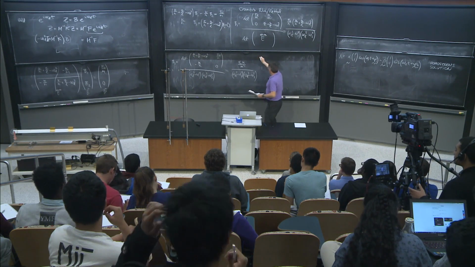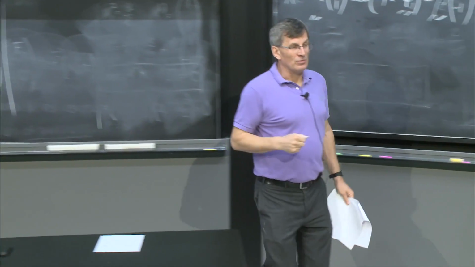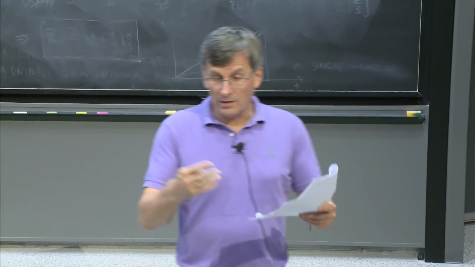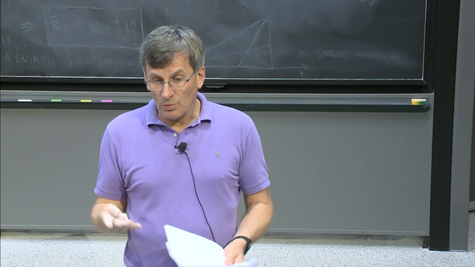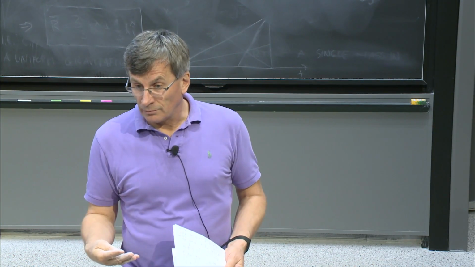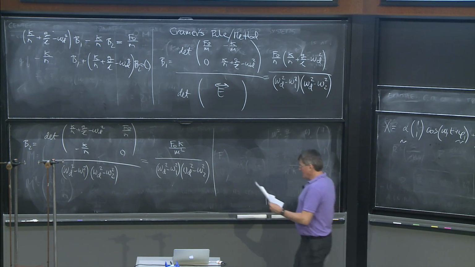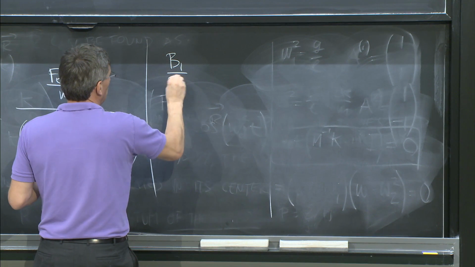Now, one of the interesting things to do is to try to see what's going on. When we talked about normal modes, the ratio of amplitudes carried information. Remember, we had those two different modes. Either amplitudes were the same or they were opposite sign, etc. So let's ask ourselves, what is the ratio of B1 and B2? Let's just divide one by the other. So let's do B1 over B2.